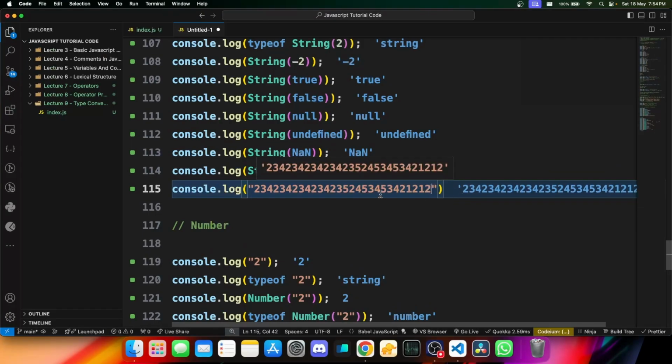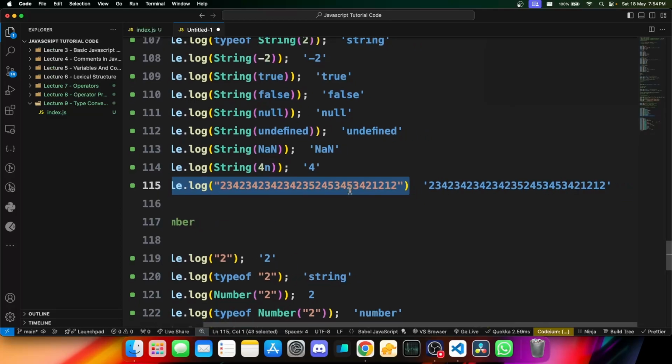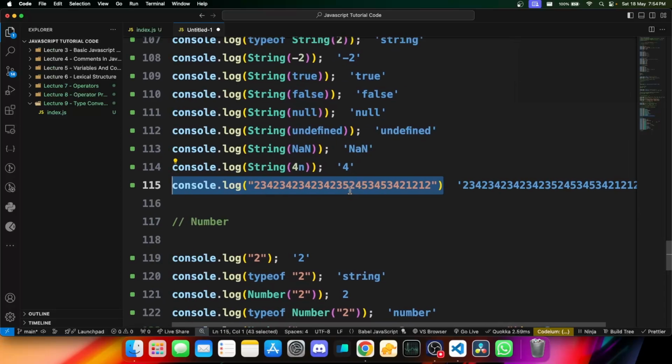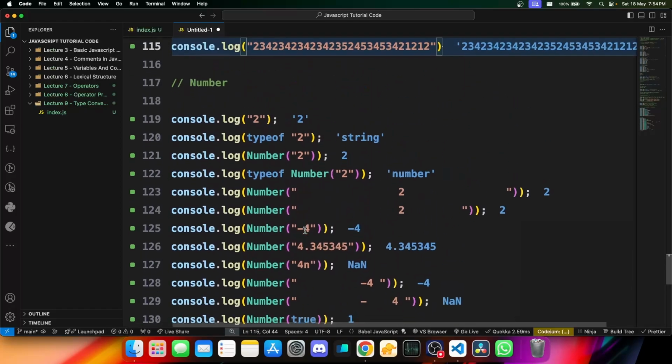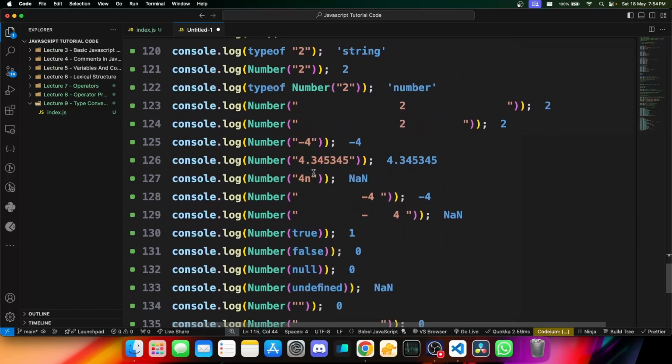So it's working fine because you can accurately store any big number inside it, and that's why when a BigInt is converted into a string, it just gets stored directly. Okay, so yeah, that's the thing. Let me show you the next thing over here. Because of that, it just doesn't get converted into a proper number properly.